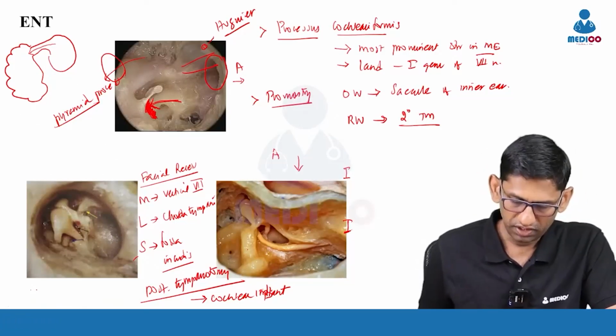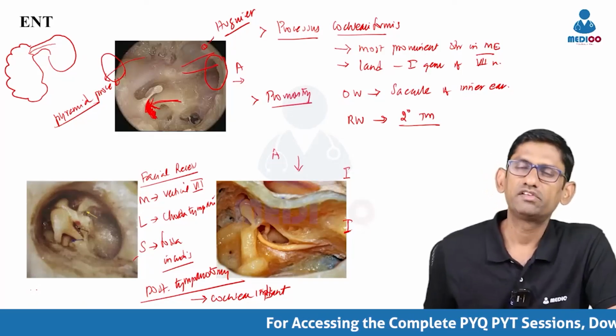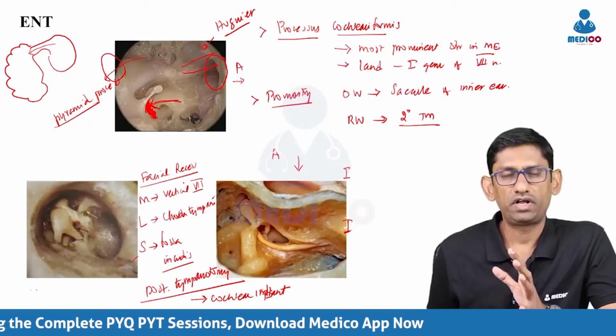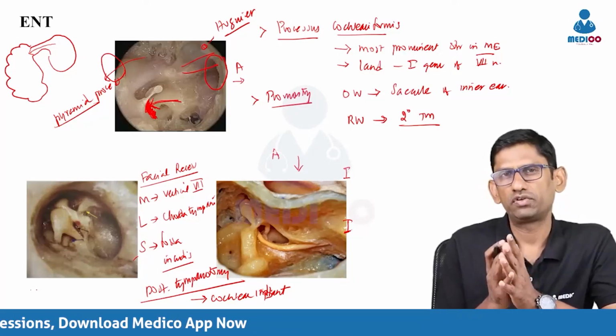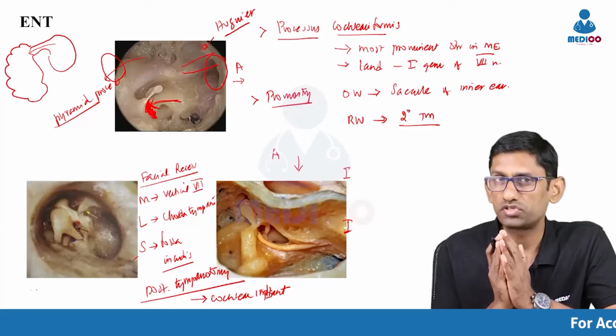See, here we have seen an option in the question, lateral semicircular canal. So where is the lateral semicircular canal? I told you in the initial part, the mastoid is related to the semicircular canals. We have three semicircular canals: lateral canal, superior canal, and posterior canal.